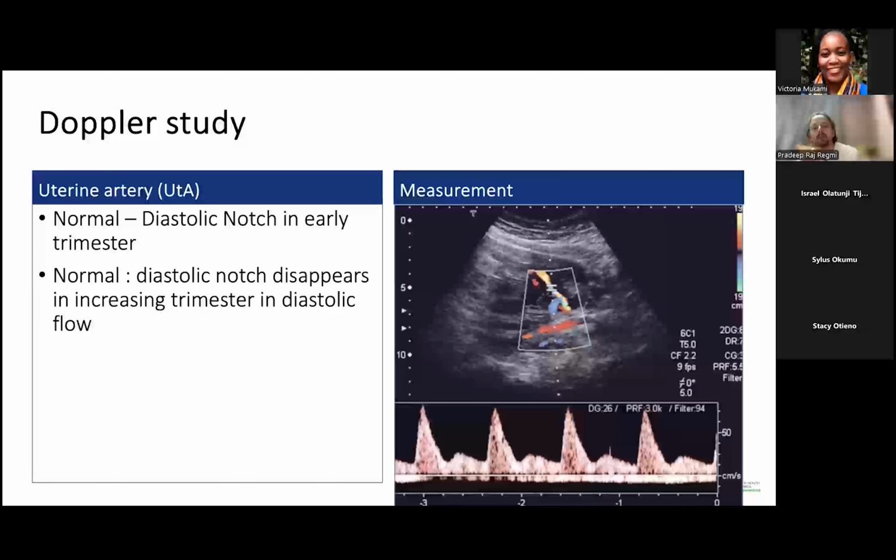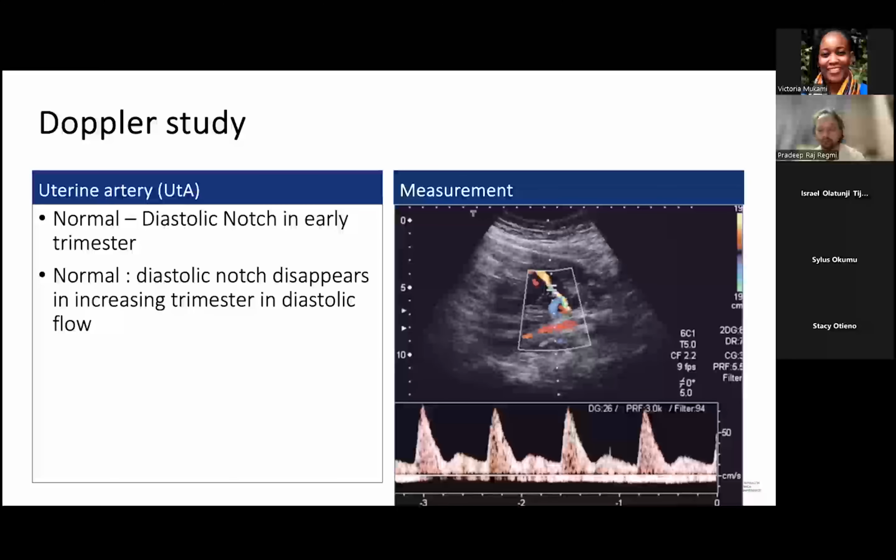And there are also certain blood parameters we can measure to predict preeclampsia. So uterine artery Doppler is also one of the important aspects we do usually in early second trimester.